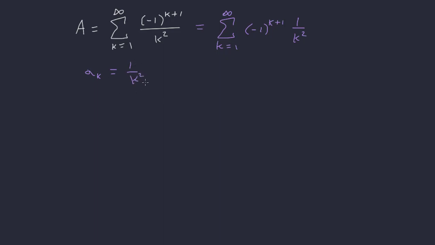Now these are positive and decreasing, and they converge to 0. So by the alternating series test, A converges. Right, so it's really that simple.